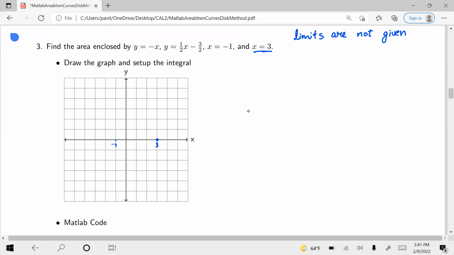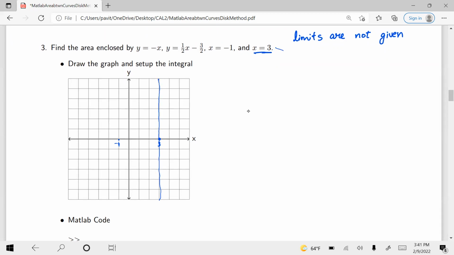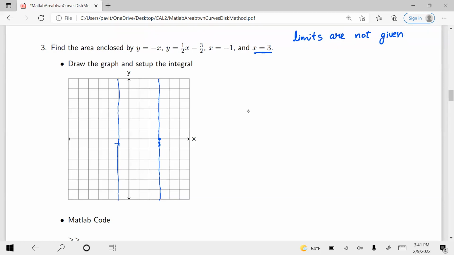Now, for x equal to 3, how does the line look? Equation of the line, right? It's vertical, because here, when x equal to 3, y is 0. y is not given, so we will take it as 0, only for this part. Now here, this is also a straight vertical line. Sorry, I'm not so accurate while drawing. So this is over, this is done.